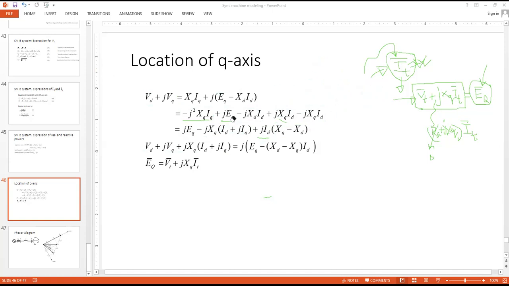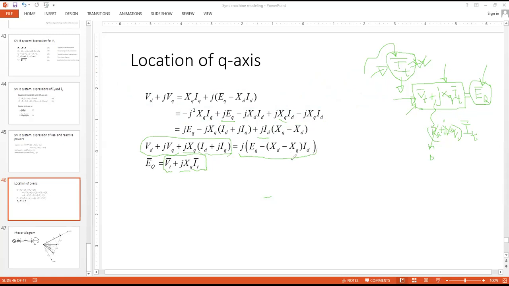Then we see that the first term over here is VT. This term is IT. And we are left with JXQ. So this part is done. On the left hand side, whatever we have written has already arrived here: VT plus JXQ IT.